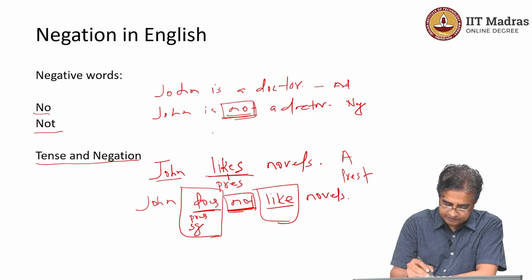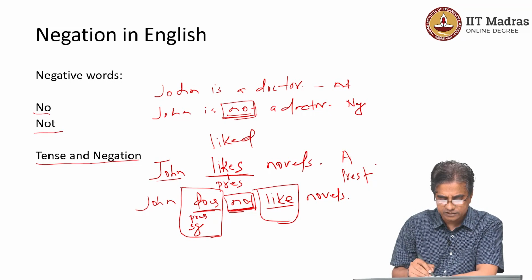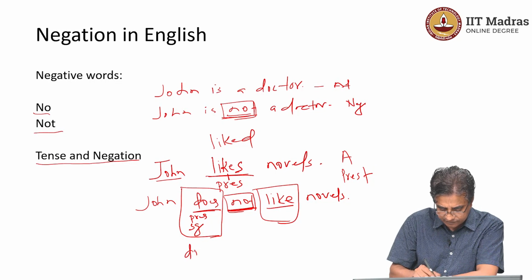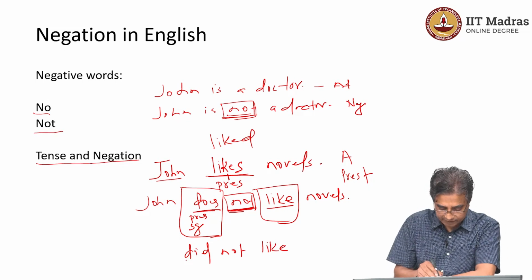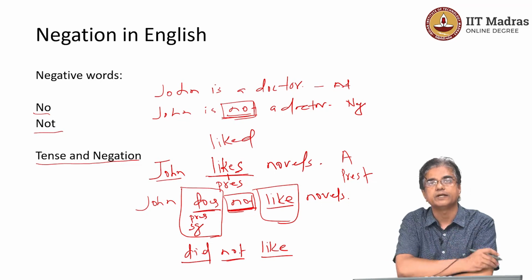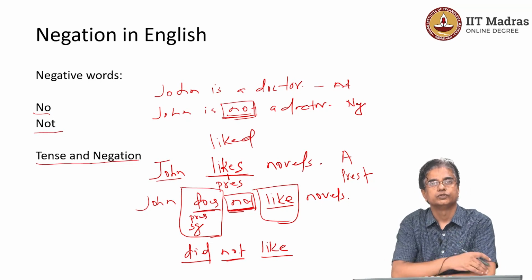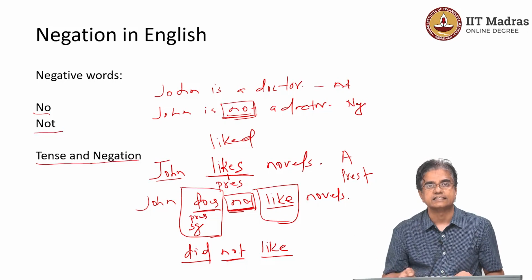So, if we said John liked novels and we want to make it a negative sentence, you have to say did not like. So, this becomes past and this is your verb and negation comes in between. So, in short, for negation to occur in a sentence, tense has to separate from the verb.